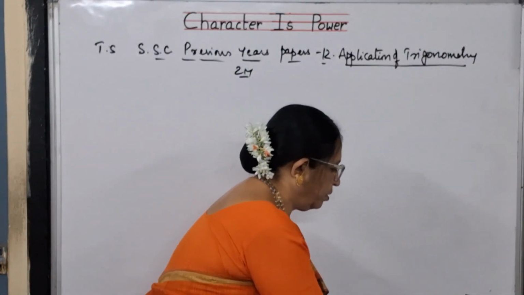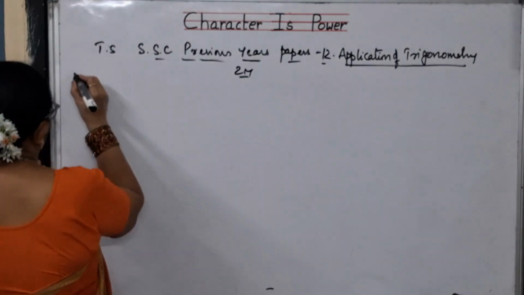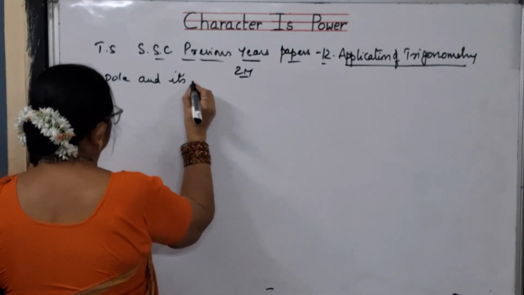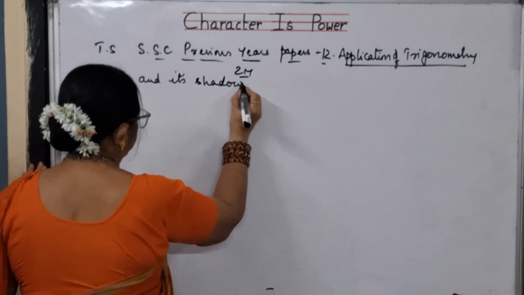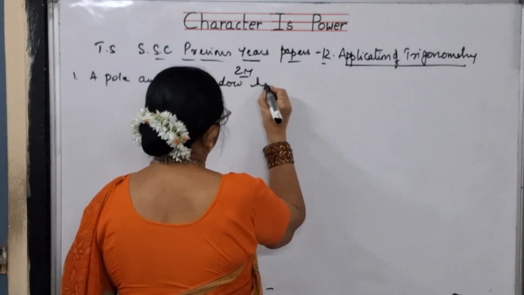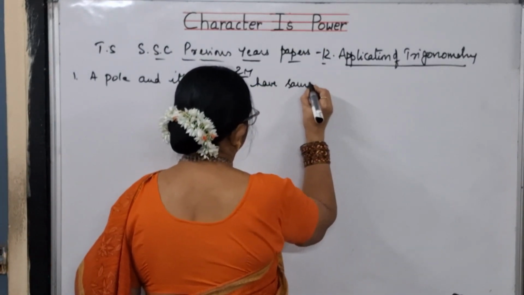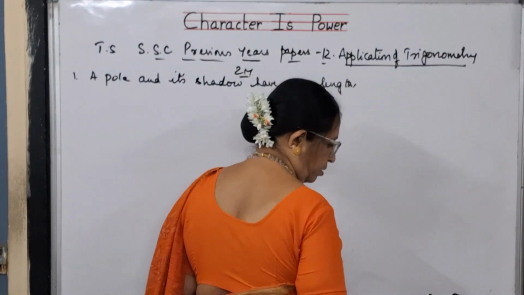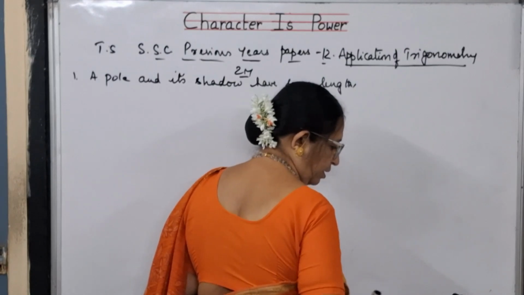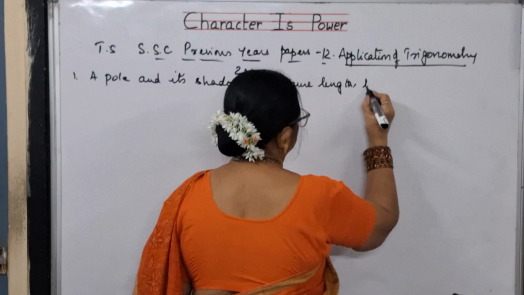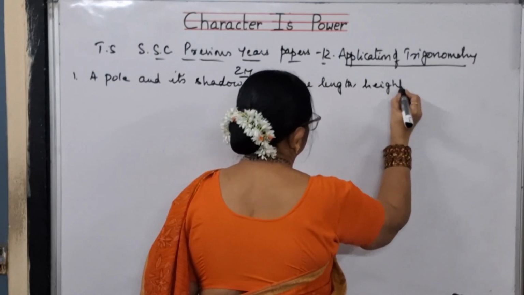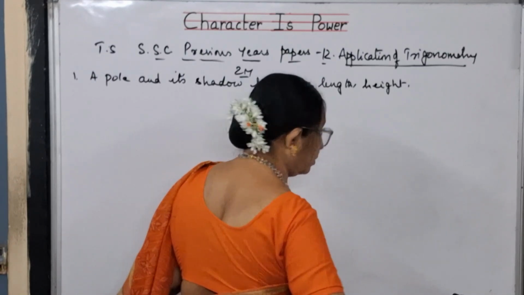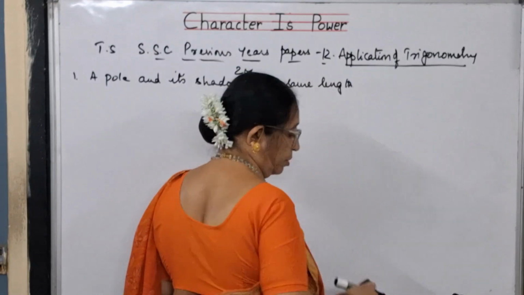First question. A pole and its shadow have the same length.